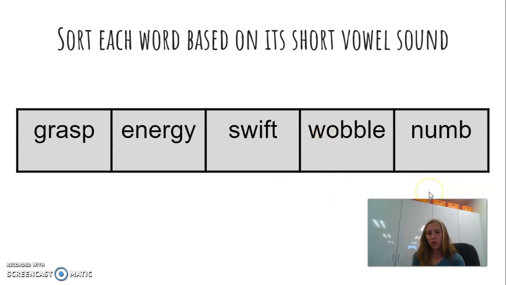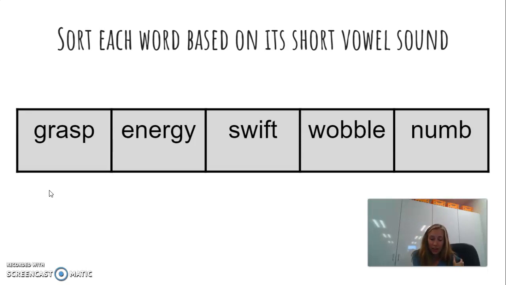If frantic has a short A, which column do you think that would go under? Go ahead and put it there. Okay, if you thought, it has a short A, which I know the word grasp also has, you would be correct. Frantic goes under the word grasp because they both have the short A sound.